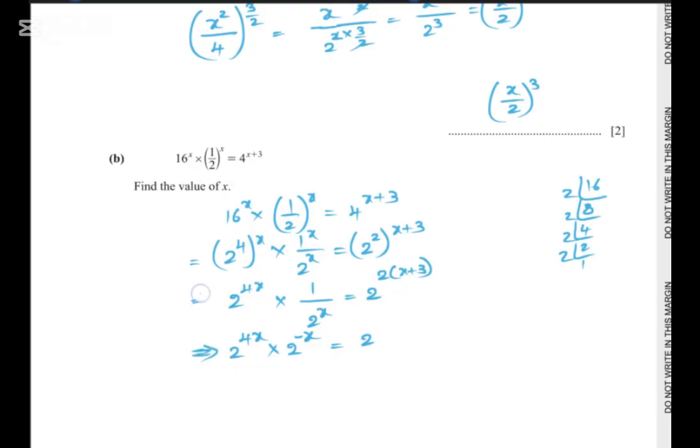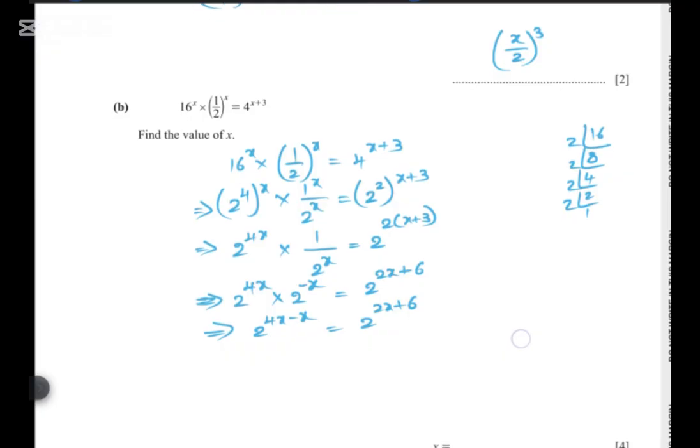So 2 raised to 2 into x is 2x plus 2 into 3 is 6. Now again on the left hand side we can write 2 raised to 4x minus x, the bases are same, and then 2 raised to 2x plus 6.